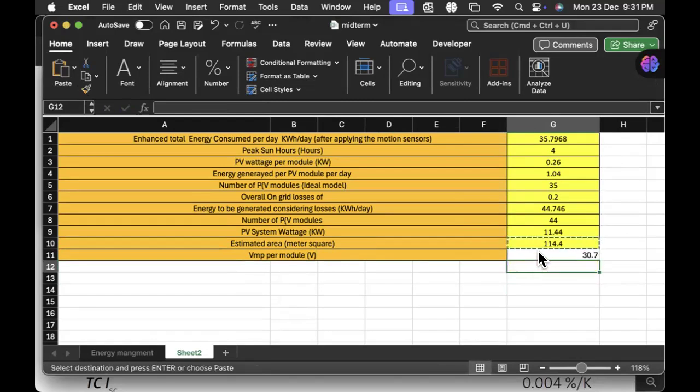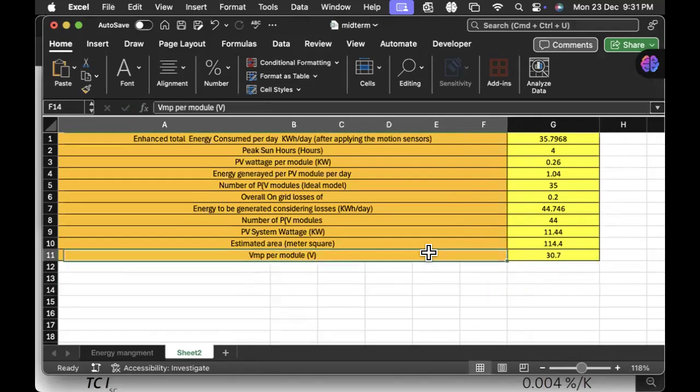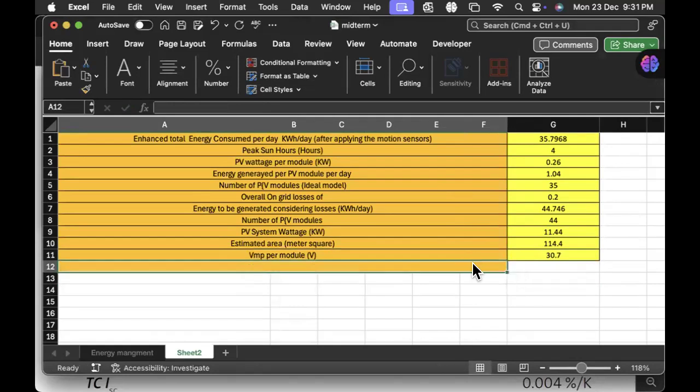And the inverter rated input voltage, of course, in volt.